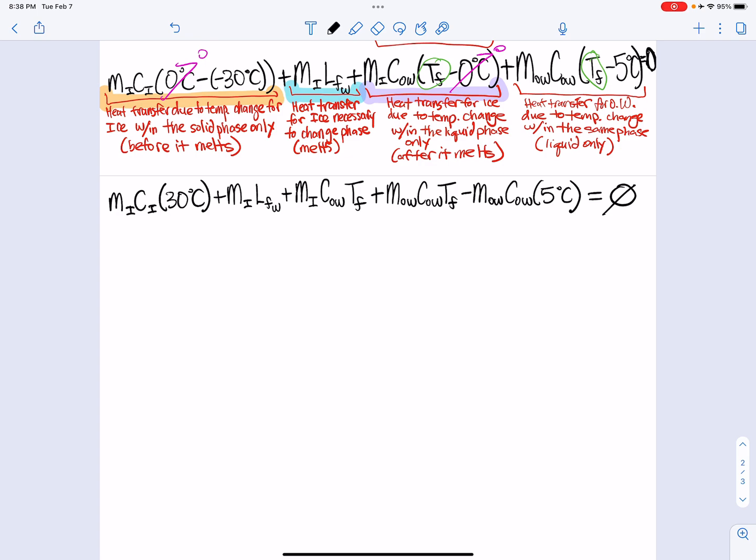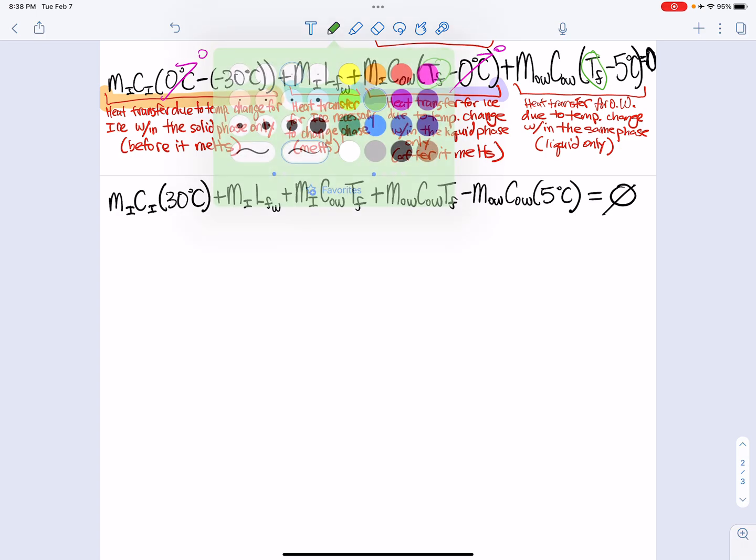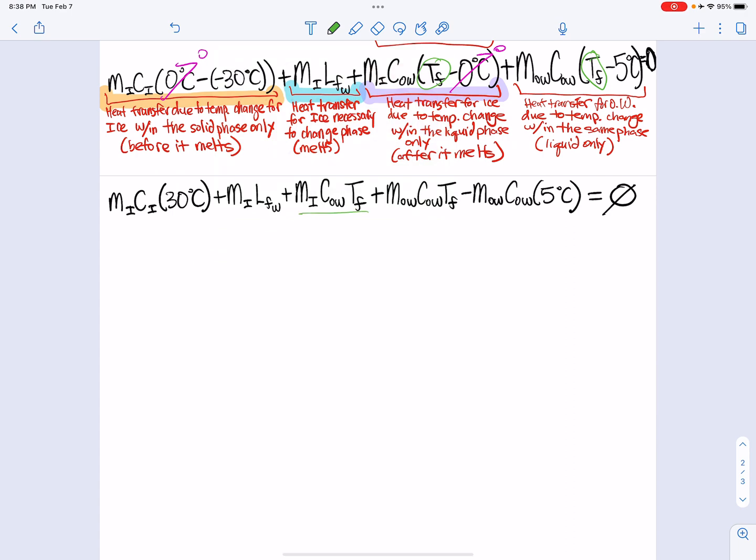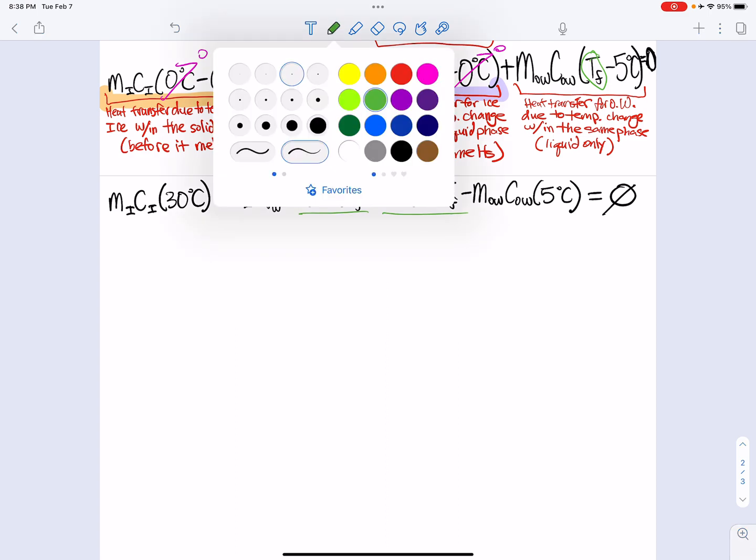I'm just going to rearrange that and put all the terms with TF on one side of the equation, to make it easy to solve.